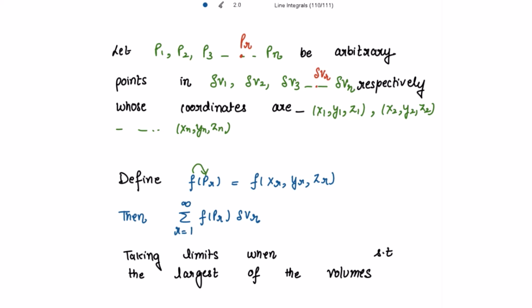Then if I take the limit when n is tending to infinity, such that I am having infinite number of volumes delta V1, delta V2 up to infinity, so many number of volumes, right? Then the largest of the volumes delta Vr will be tending to 0, right?